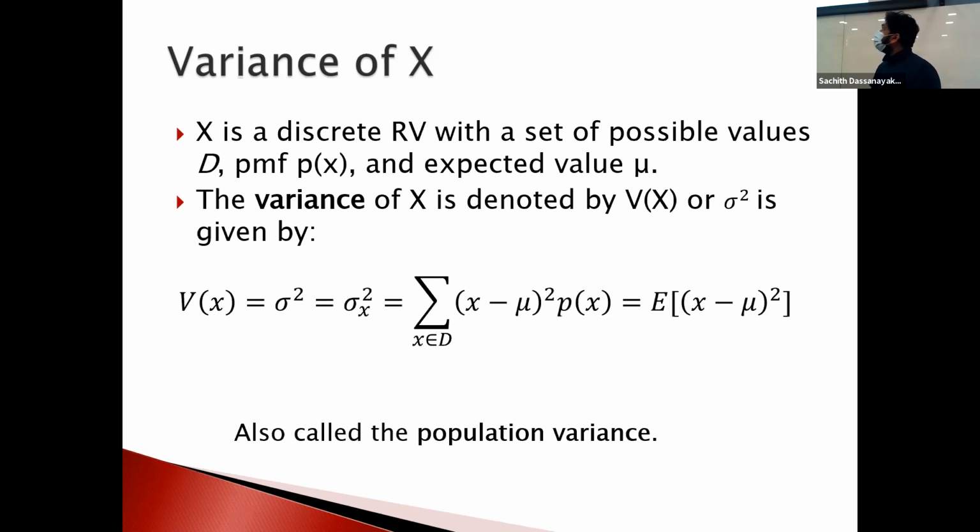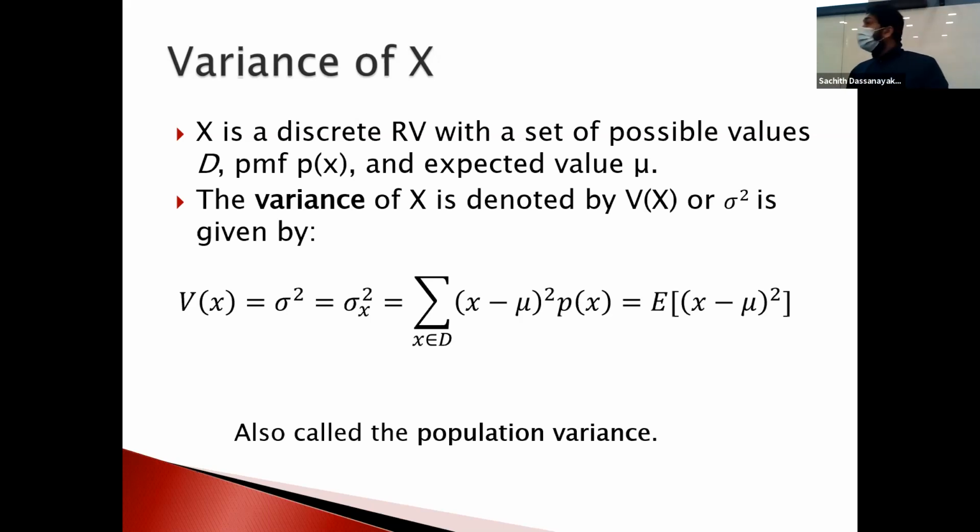There is no i under the summation because we have mentioned x in D, where D is the set of all possible values, which simply means you will have x1, x2, x3. So you get the summation. This equals the expected value of (X minus mu) squared.